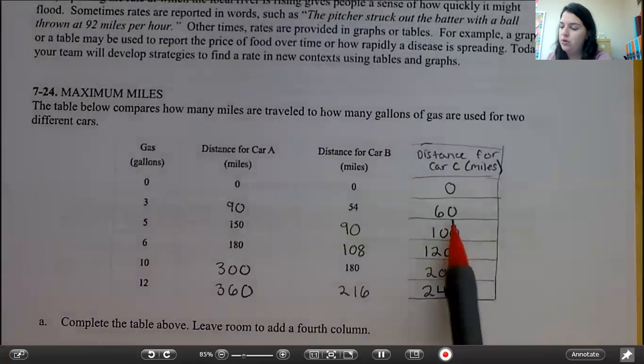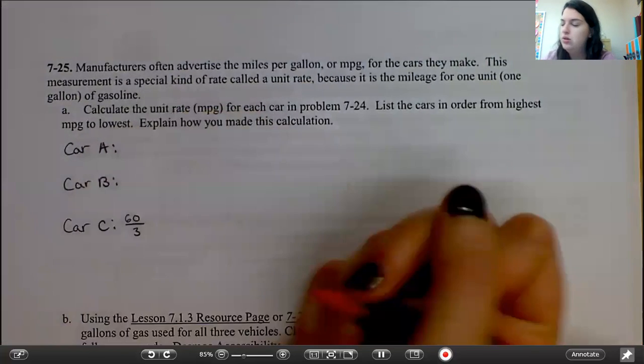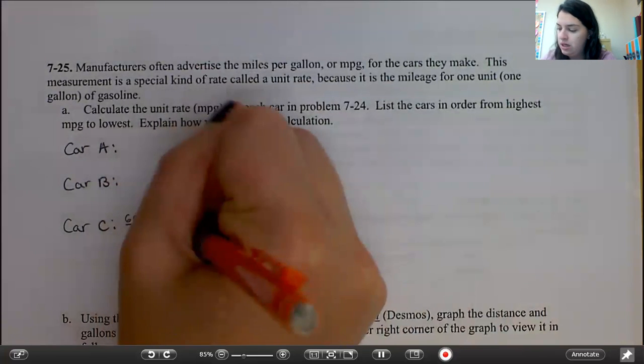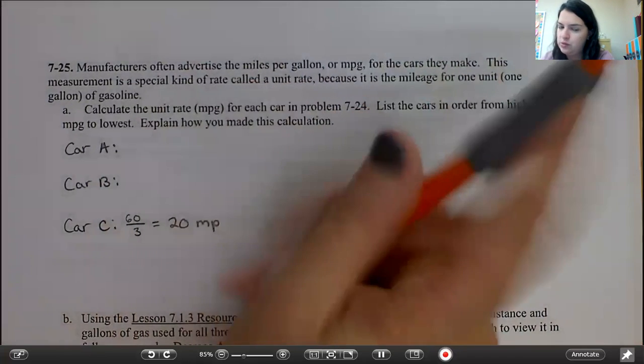But when we filled in the chart, we knew that we went 60 miles for 3 gallons. So for car C, we're going to do 60 miles for 3 gallons. When we divide 60 divided by 3, that gives us 20 miles per gallon.